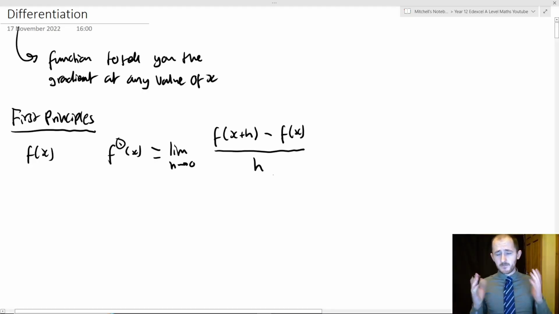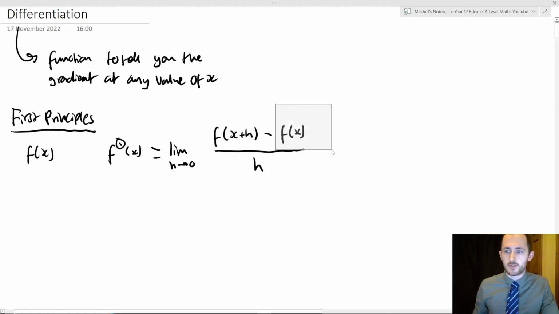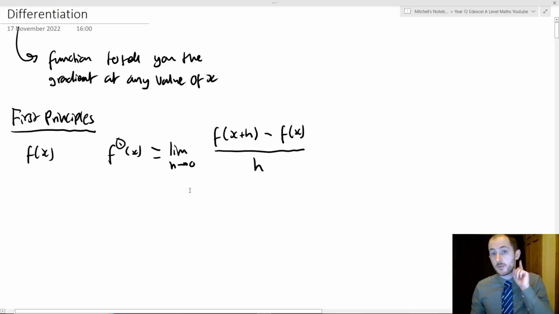Essentially, what we're going to do is take our function f of x plus h, then subtract the original function, divide it by h, and then see what happens when we reduce h to 0. We're not going to make it 0, we're going to gradually reduce it and see how the function behaves. And that is how you find differentials, okay?